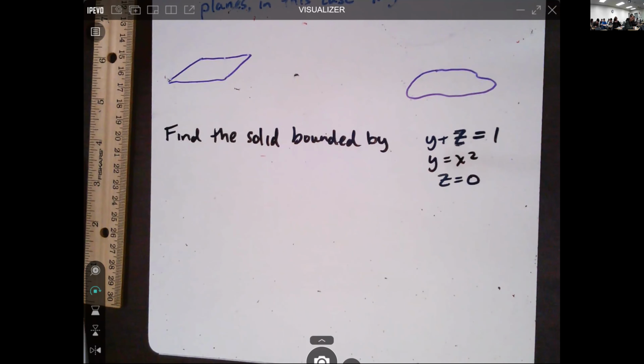Are you just asking them to find what part of the solid is being bounded, or they're finding the volume? Find the volume. Find the integral.